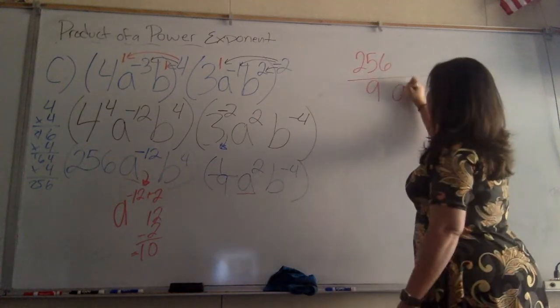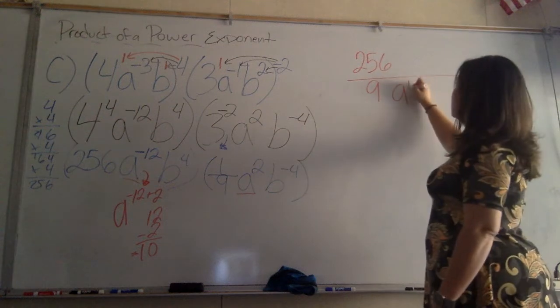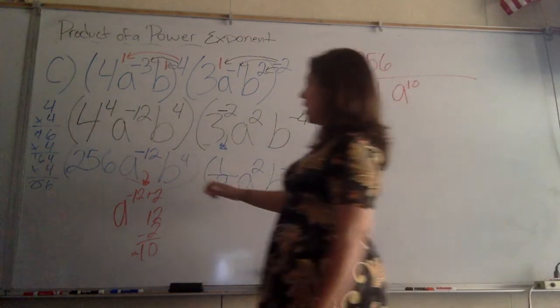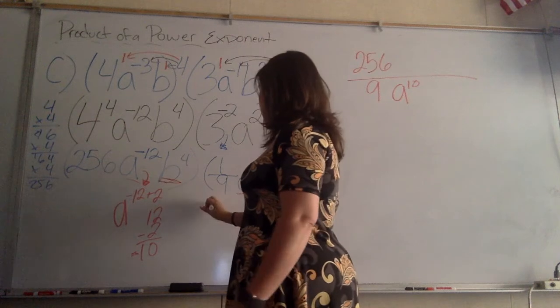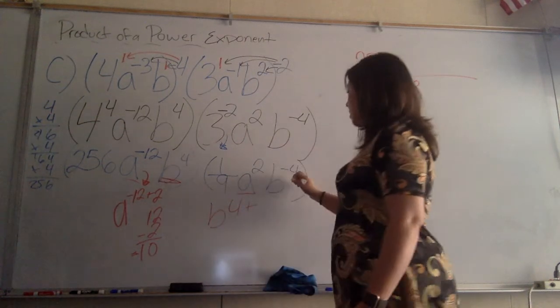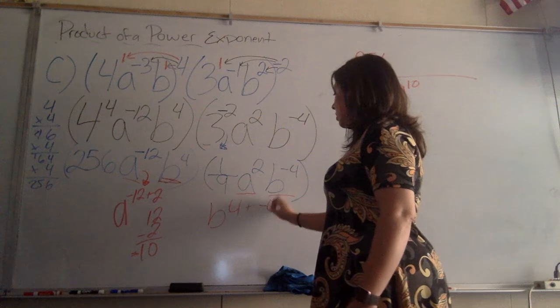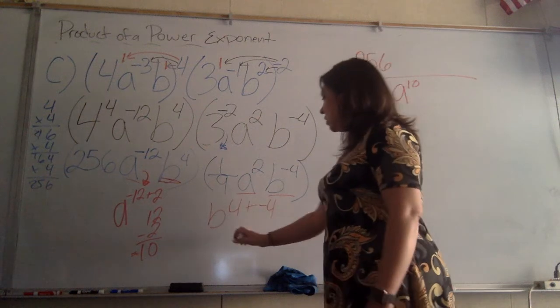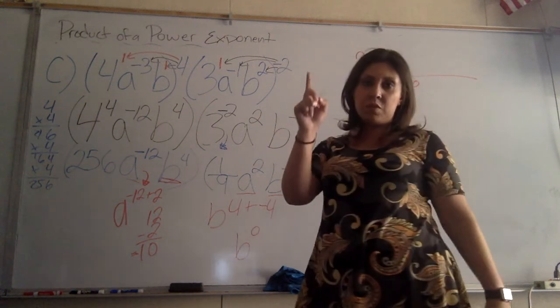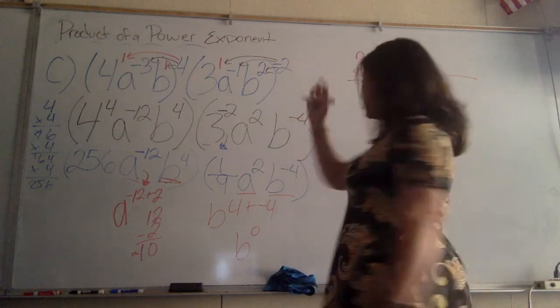So we're going to move this to the bottom so that our exponent can become a positive. After that, we do our B's. I have B to the 4, plus negative 4. And B to the 0 gives me, that's right, 1.